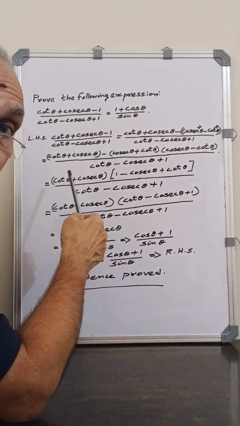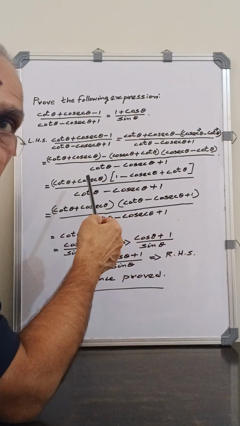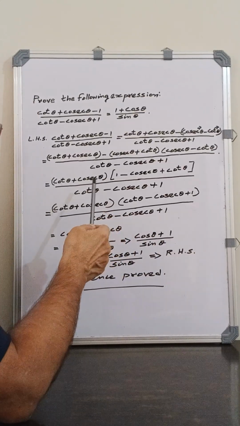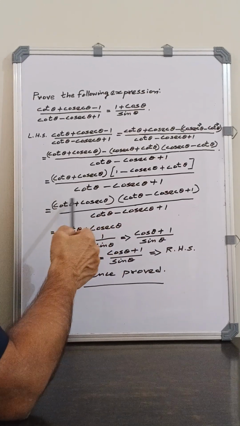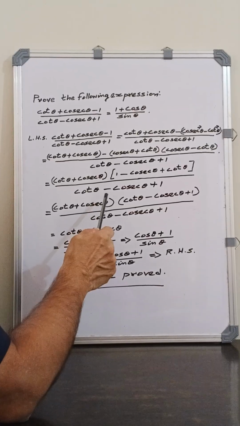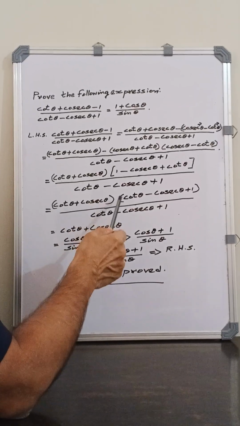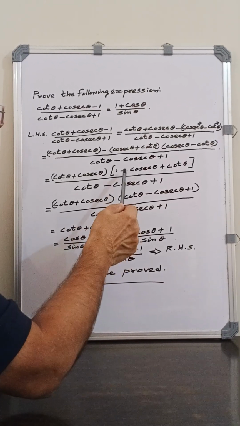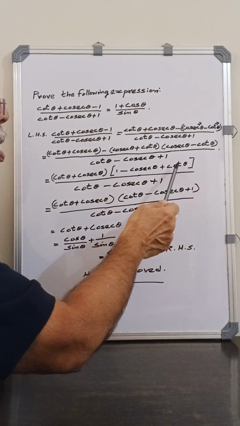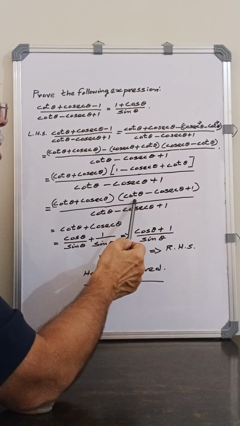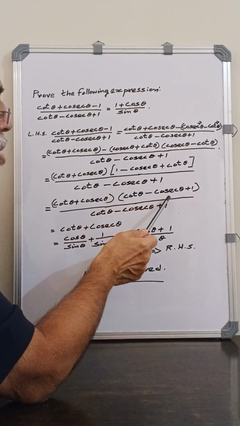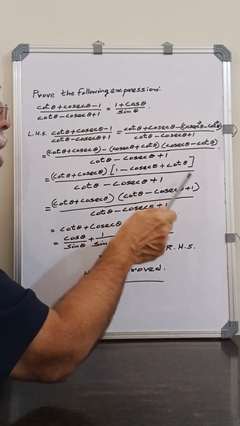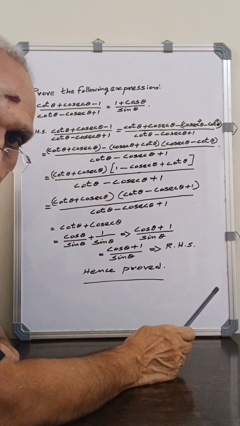I think that everyone knows this expression very well. Therefore, cot theta plus cosec theta is the common factor, and here I am arranging this term plus cot theta first, minus cosec theta second, and plus 1 as third. Why?